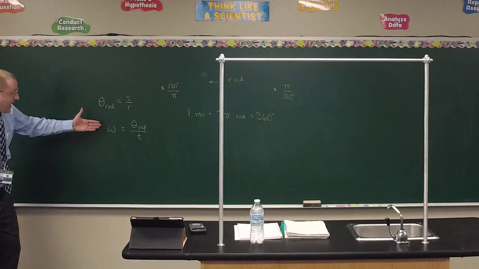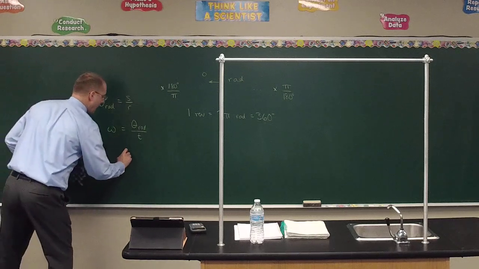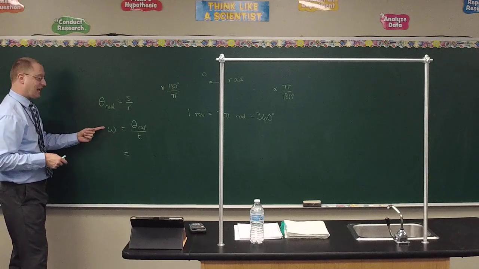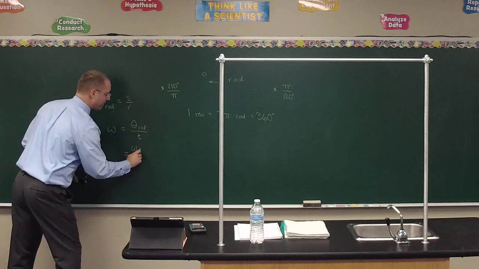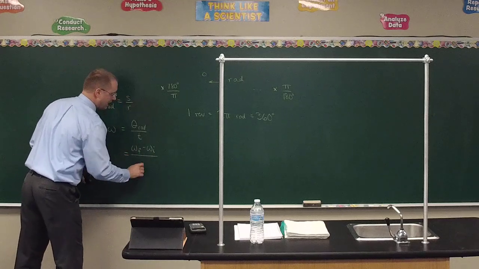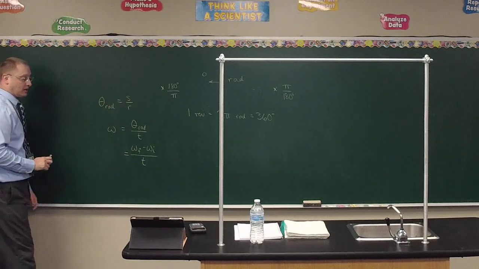Well, if it's a change in angular velocity, then that would be angular acceleration. And remember, we said change is always final minus initial. So change in angular velocity is going to be your final angular velocity minus the initial angular velocity. And we put that per unit time, that's our angular acceleration, also represented by a Greek letter.